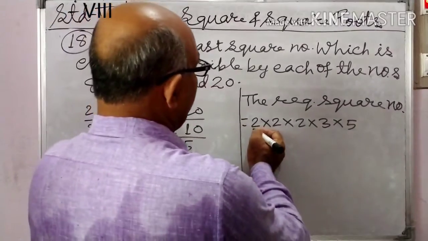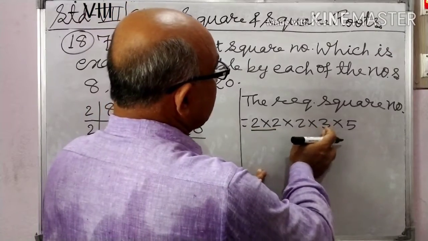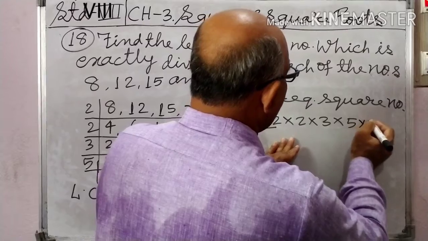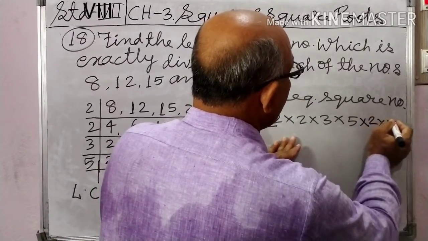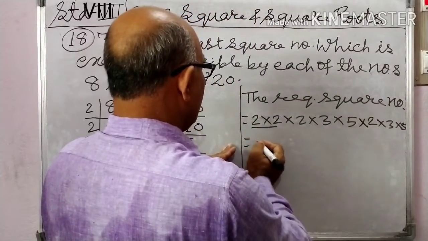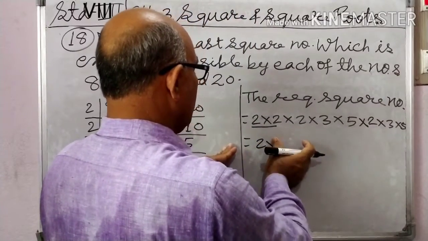So 2 into 2 is in pair, and 2 into 3 into 5 is not in pair. So it is multiplied once again by 2 into 3 into 5.